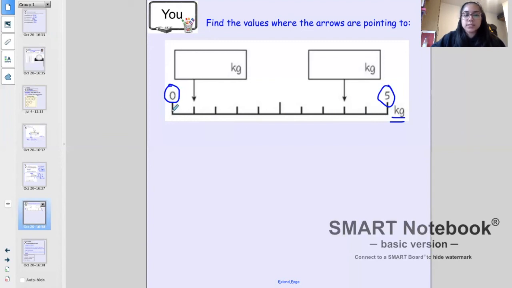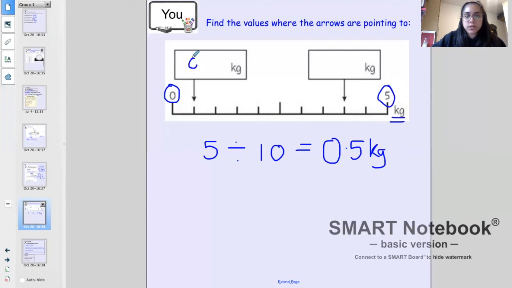Okay, because the scale is going from 0 to 5, and 5 is at the end here, we can do 5 divided by the number of increments to find out how much one equal part is, okay? So there's 10 increments, we're going to do 5 divided by 10, and you should have got 0.5 kilograms. So that's 1 increment's worth. So hopefully you would have realized that the first increment is where the first arrow is.